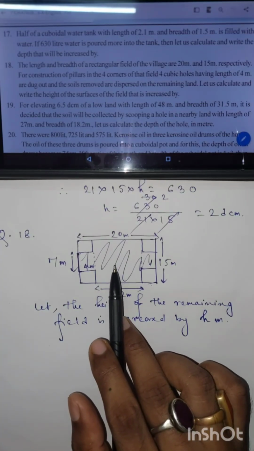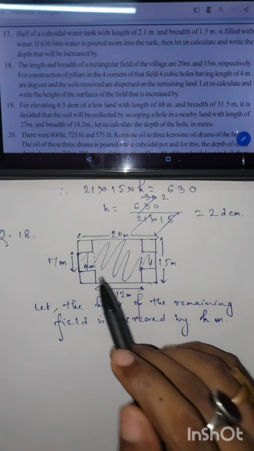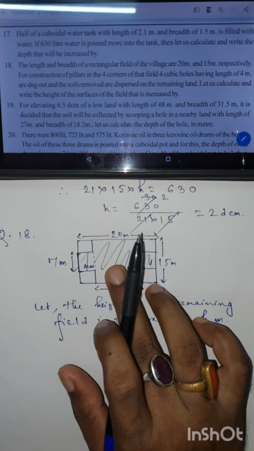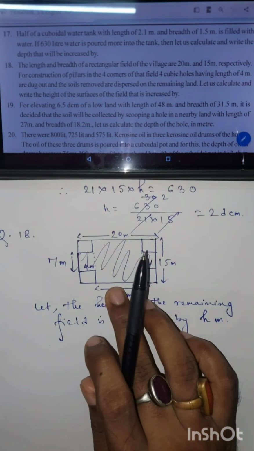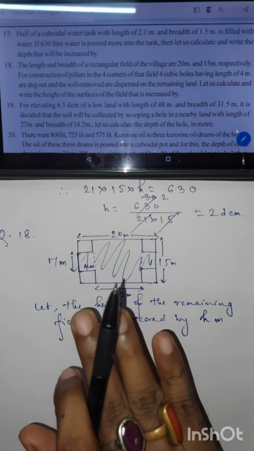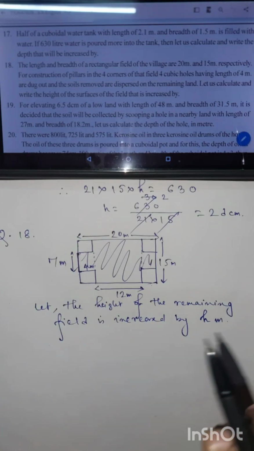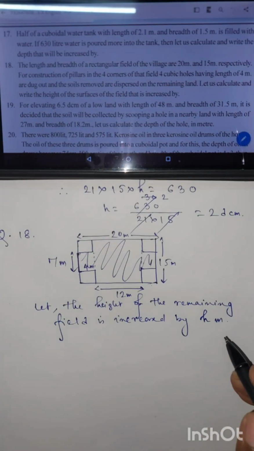You have to imagine it. After dispersion of soil, the height is increased. The ground is elevated. So that height is h meter.